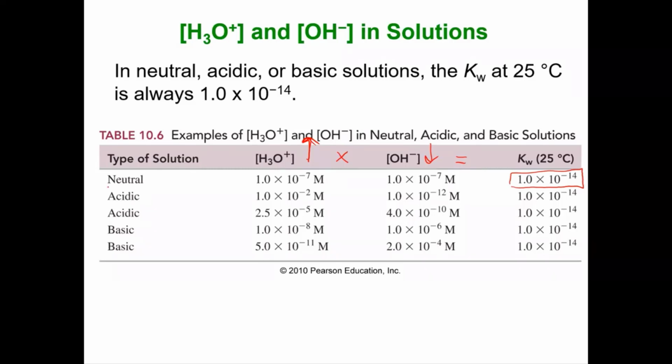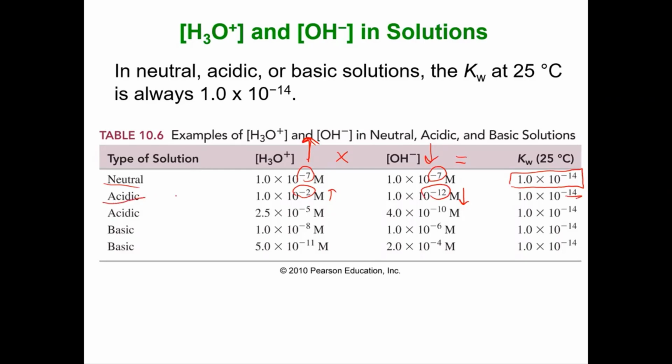And we saw that for neutral water, the concentrations of each are equal, which is 1 out of 10 millionths. But if I was to add some acid, my hydronium ion would increase, which means my hydroxide would have to decrease. But the really important thing that I want you to focus on is we have -2 and -12, and they add up to the -14.